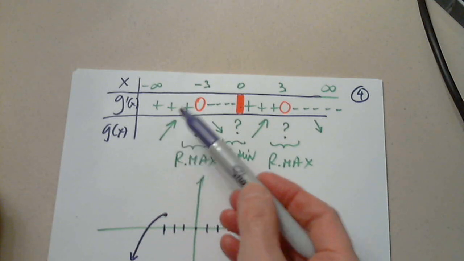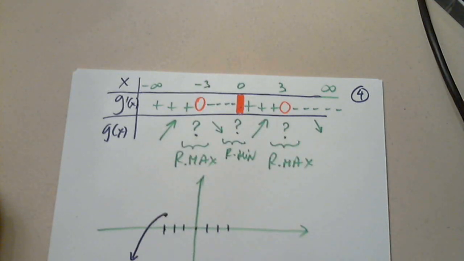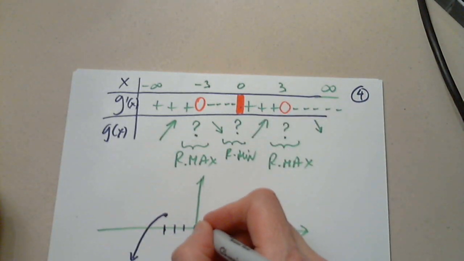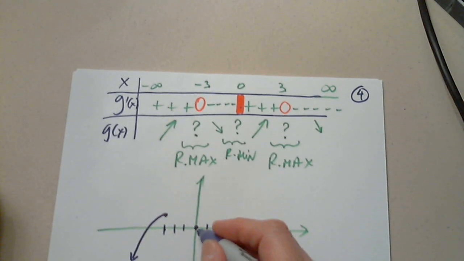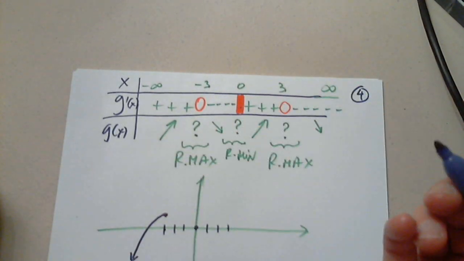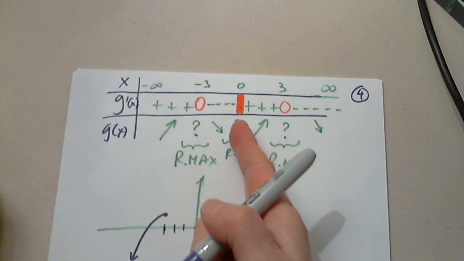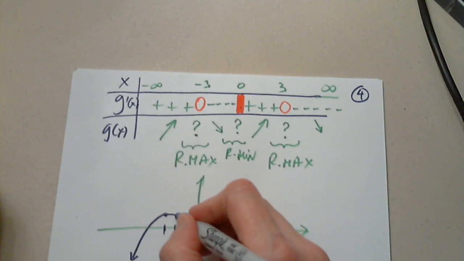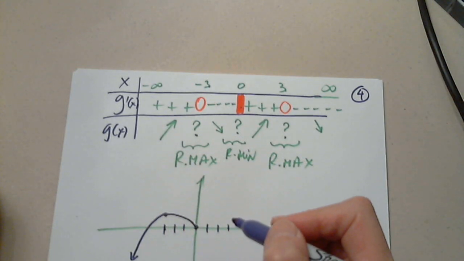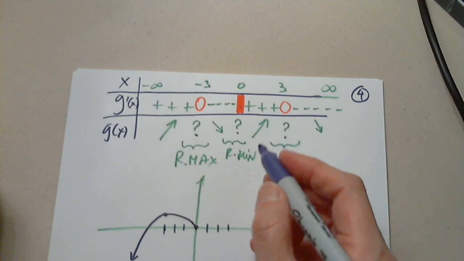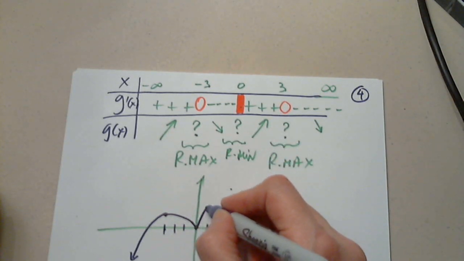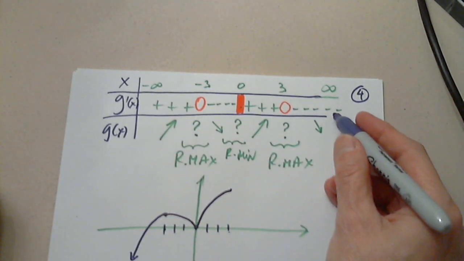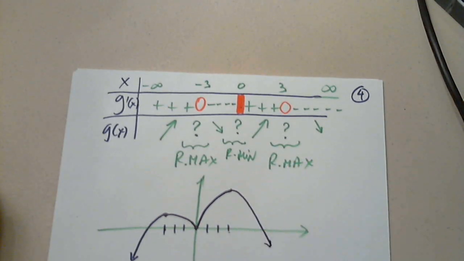At 0 comma whatever you want, I can put 0 here, so let's say it's 0, 0, for example, or we can choose any other number. The function is not differentiable, so I have to make it into a cusp or a corner. Then it has to go up to 3 comma whatever you want to put, and then it comes down. Here's my graph.